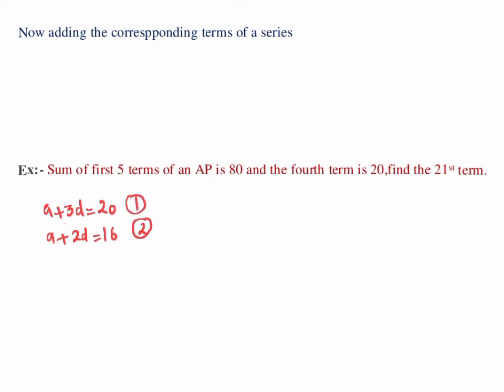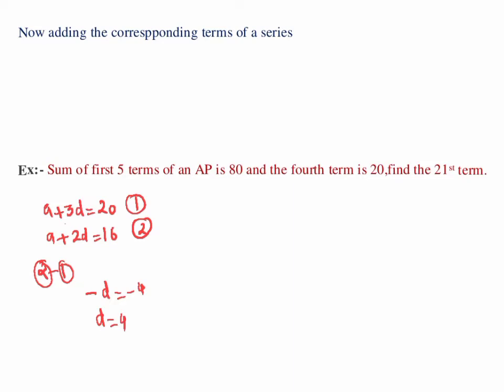If you subtract equation 1 from 2, what will you get? Minus D equals minus 4. So that means D equals 4.